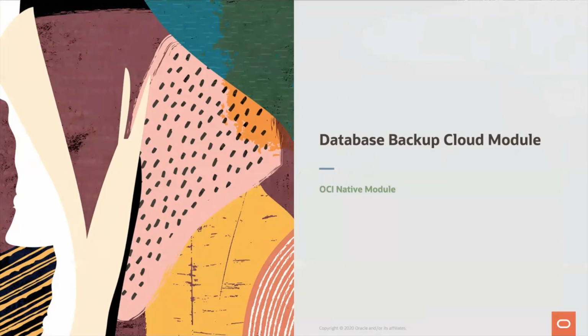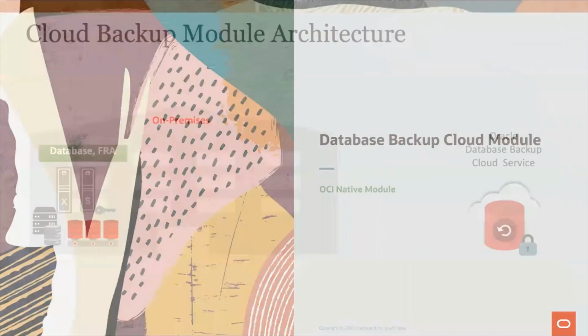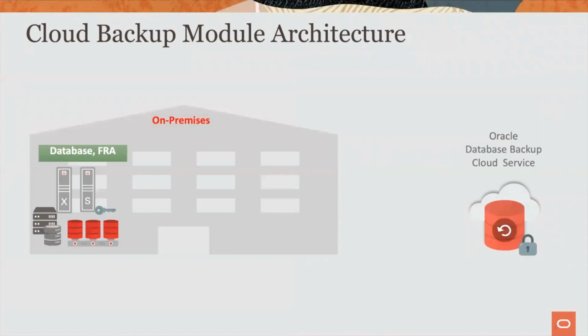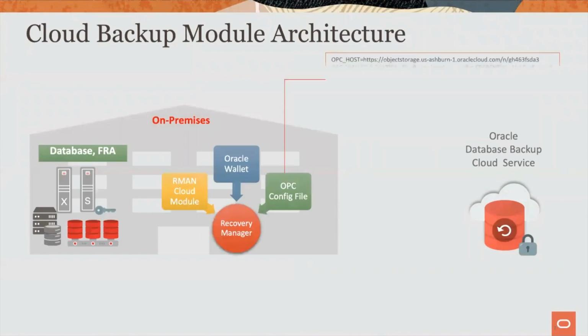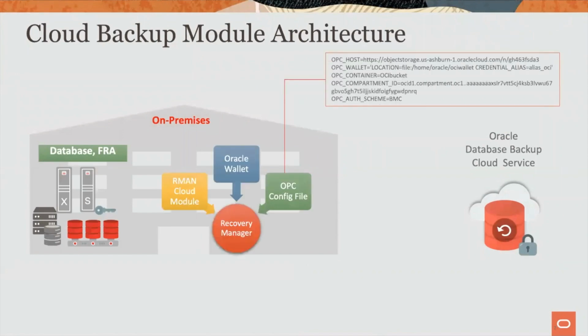So the core component that you install on the database that you want to protect is the database backup cloud module. As I mentioned, it's an SBT library. It comes with an installer module, which is a Java installer that you run on the database. You specify some parameters like the endpoint, so the region where you want your backups to go.